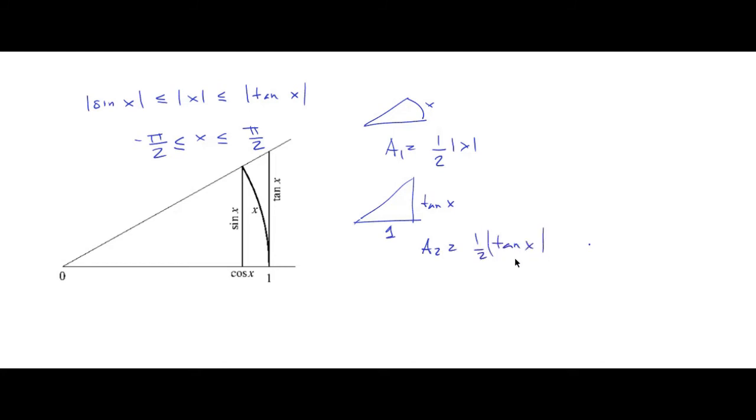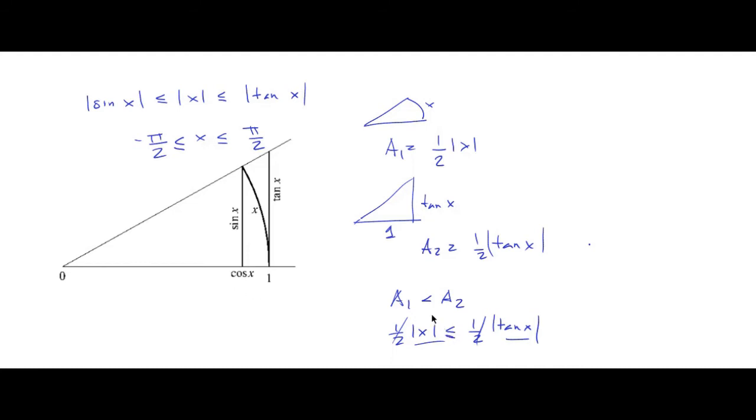And it's obvious that area 1 is smaller than area 2, right? So that means that 1/2 of the absolute value of x is smaller than 1/2 of the tangent of x. So we cancel each other out, and then we have this inequality, which is what we wanted, okay?